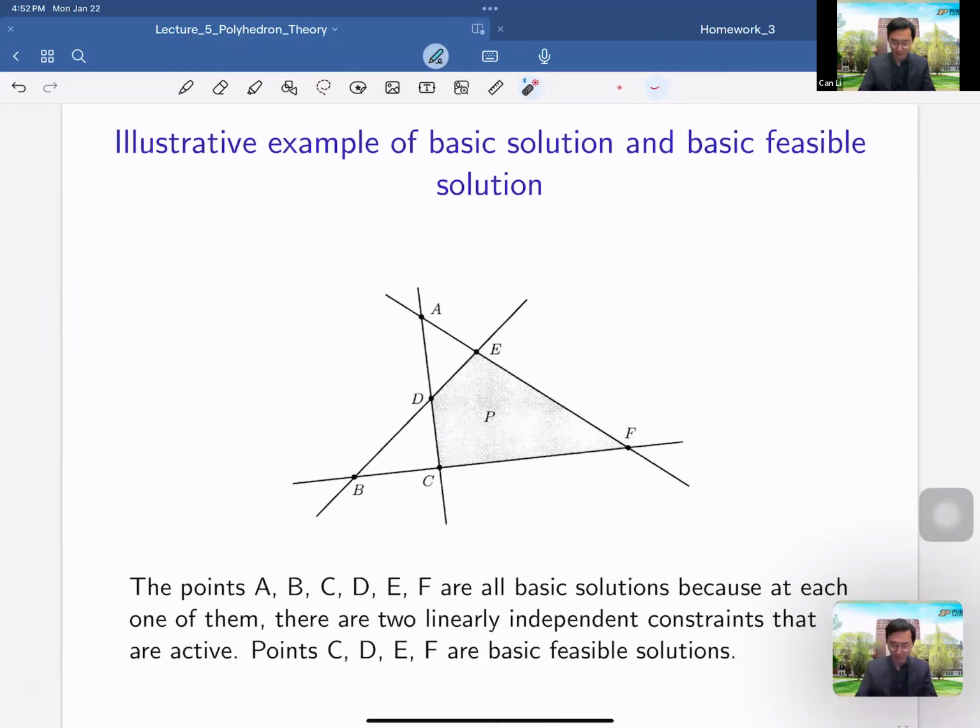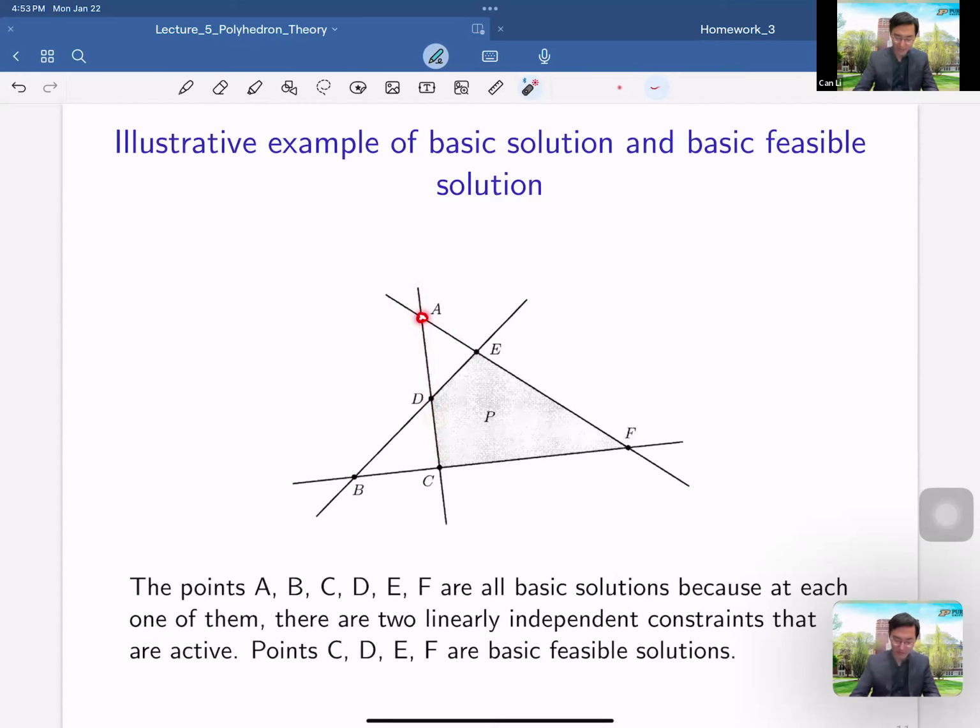Okay. So again, maybe before we talk about why the 3 definitions are the same, we can explain using this problem what is a basic solution and what is a basic feasible solution here. Let's assume we have a bunch of linear inequality constraints, and they define this shaded area here. As you can see, the point A is a basic solution because it is defined by 2 active constraints.